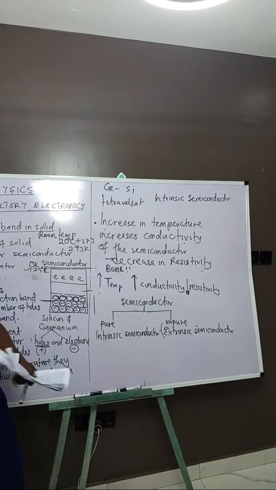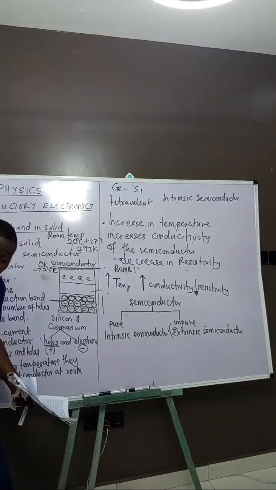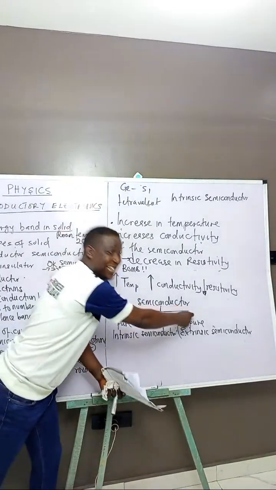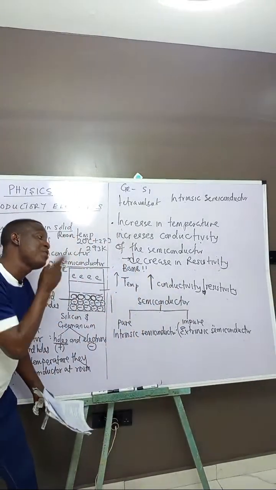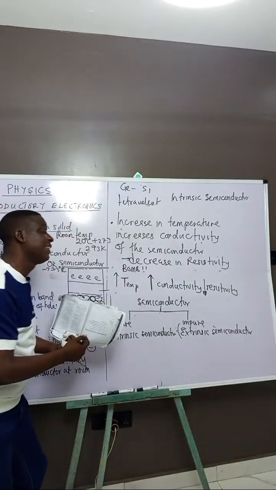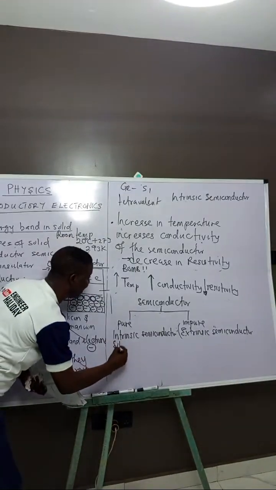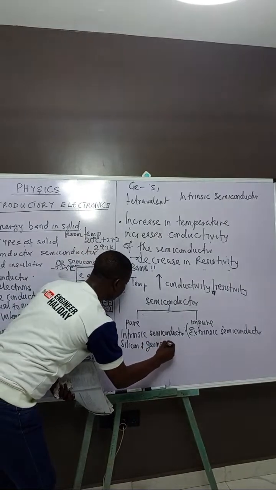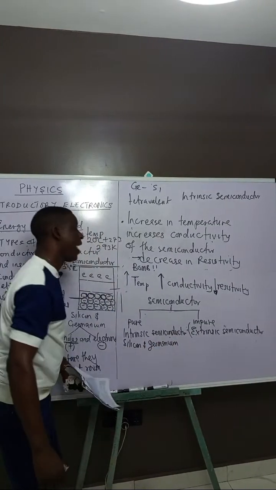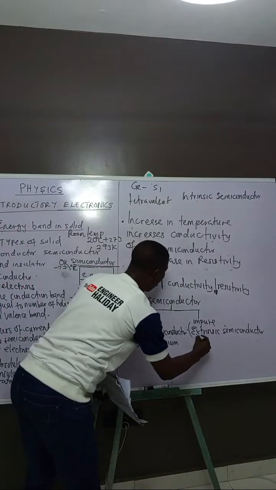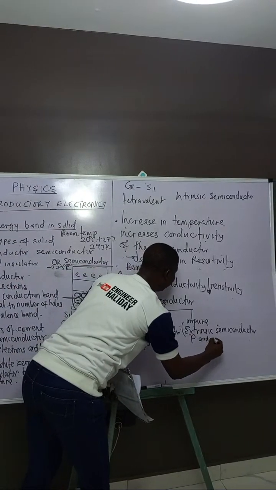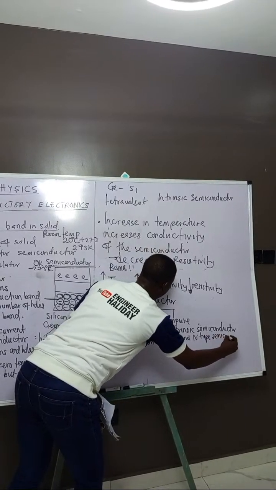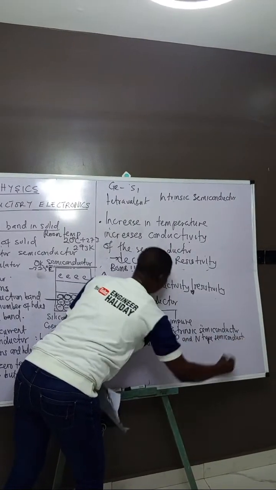I've now classified semiconductor into two: pure and impure. The pure ones are the ones we have talked about, which are silicon and germanium. While the impure ones are called the P-type and the N-type semiconductor.